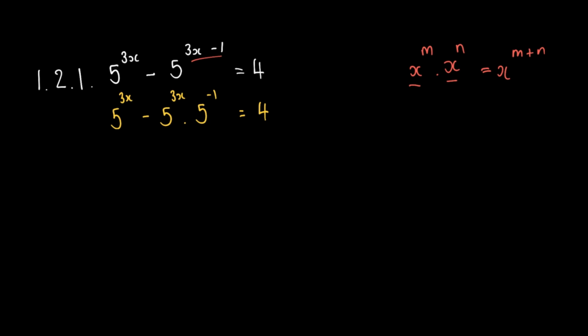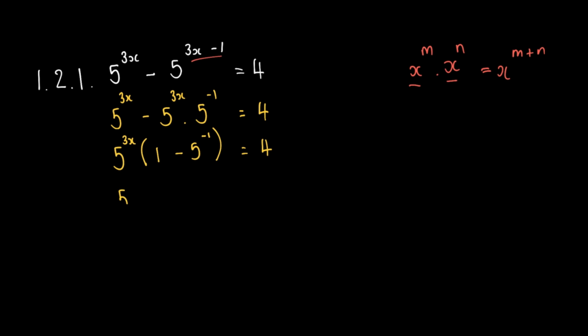And in this case, we can see that we have 5 to the power 3x common in both these terms. So that's what we're going to take out in this case. So we're going to have 5 to the power 3x, take that out as a common factor. We're going to have 1 minus 5 to the power negative 1 left over, which is going to give us 4. Let's simplify what's in the brackets over here.